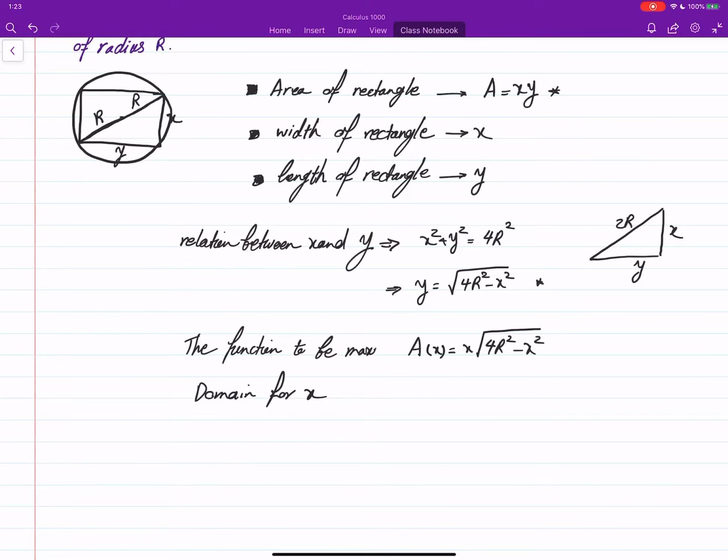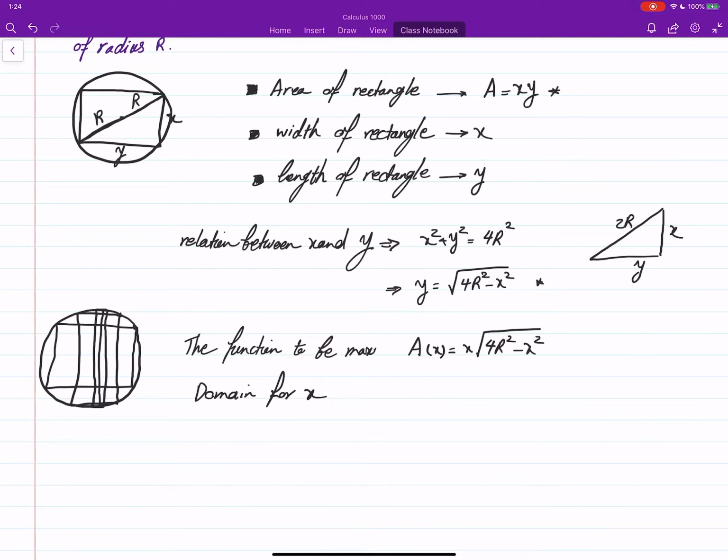The domain for x is... Okay, see, when you have a circle, this x can get different values. The highest value it can get is very close to the diameter.